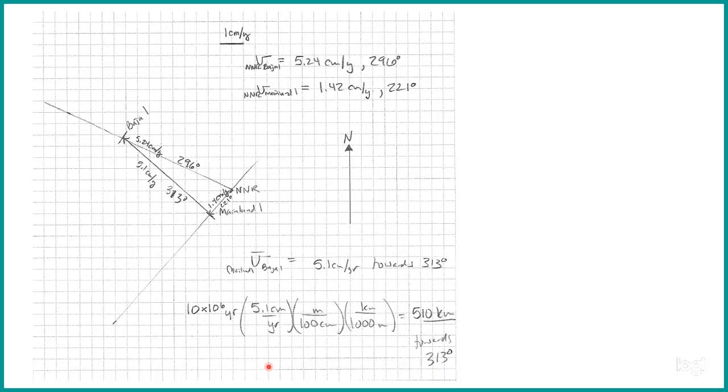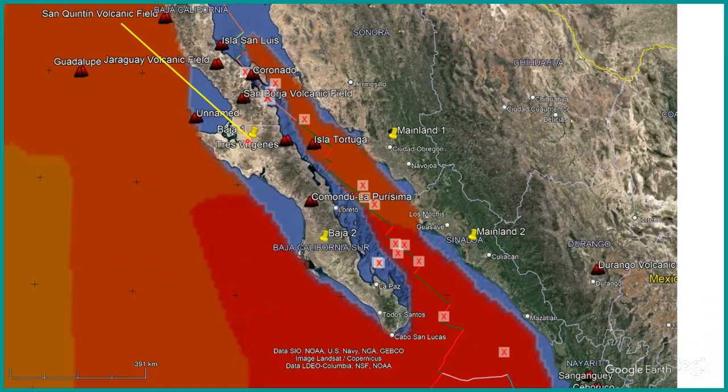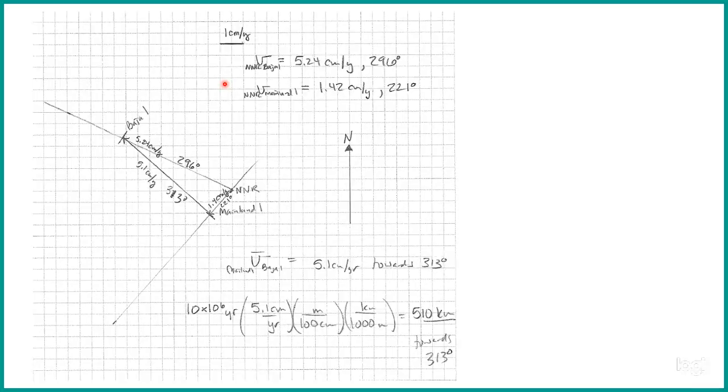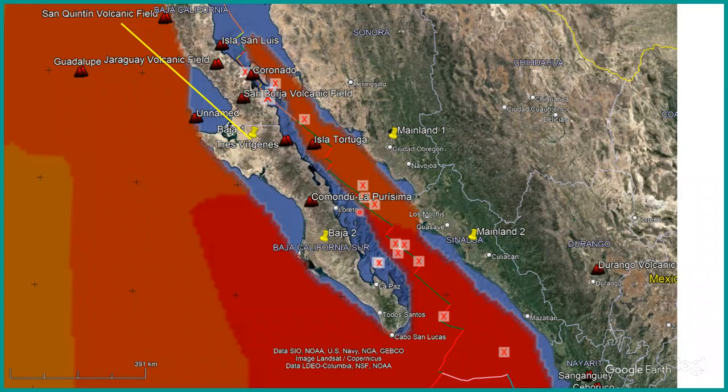So now I went back, and this yellow line here is that distance that I had calculated. That yellow line is 510 kilometers. I had to figure out on this image what 510 kilometers is.